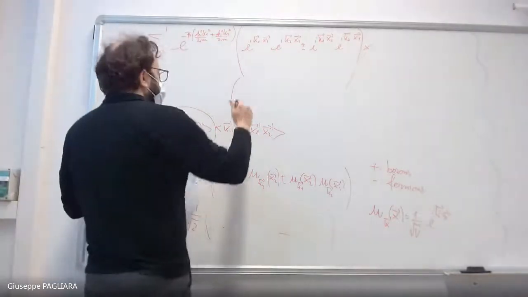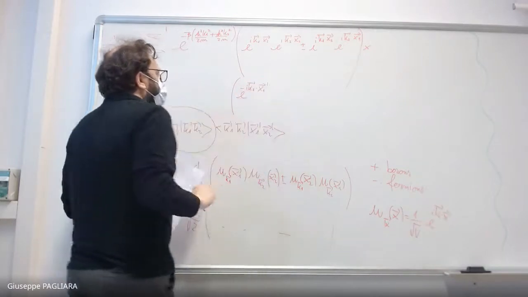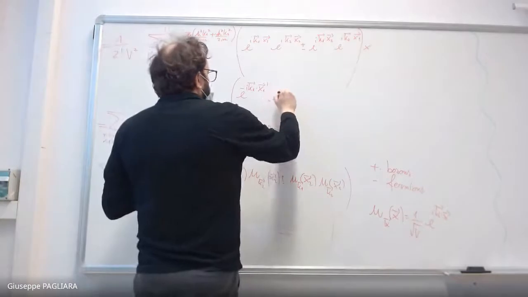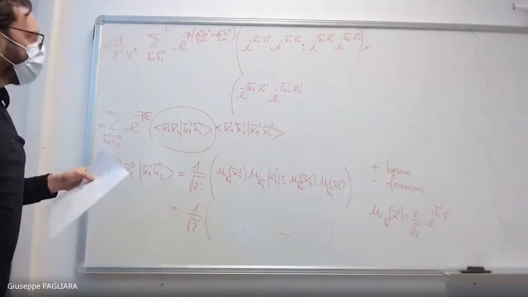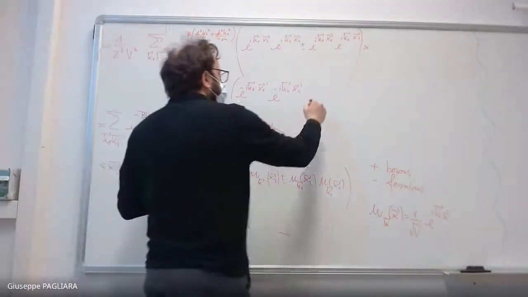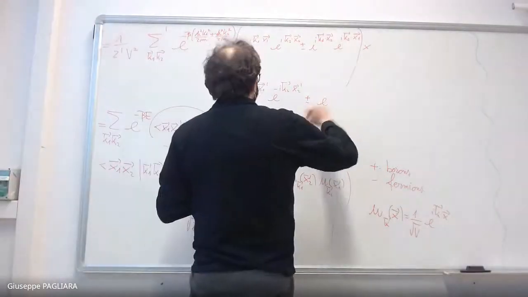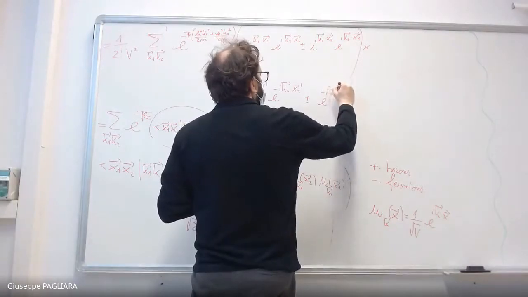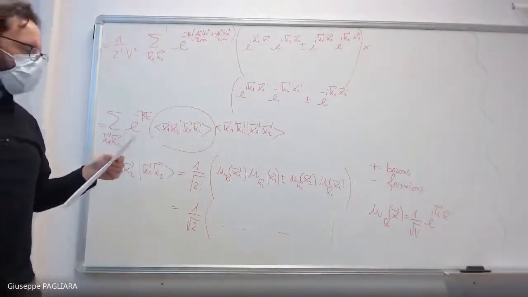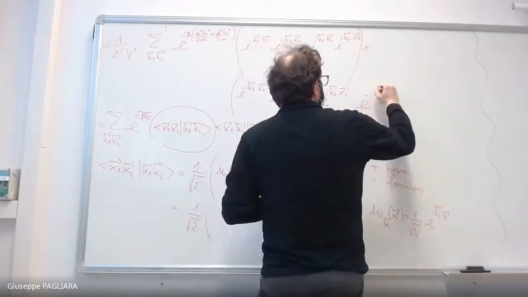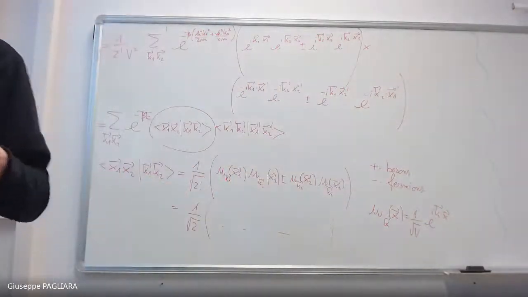So I have this structure here: e to the minus i K1 scalar x1 prime, e to the minus i K2 scalar x2 prime, and then I have again plus minus, and here e to the minus i K1 scalar x2 prime, e to the minus i K2 scalar x1 prime.